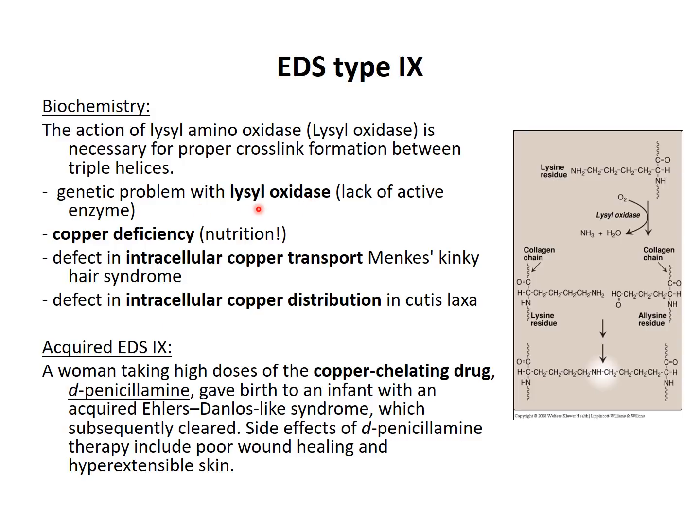So the subtypes are the actual genetic problem with the enzyme, or copper deficiency by nutrition, or copper deficiency because there is no good way of transporting copper, either extracellularly or intracellularly, or it is transported intracellularly, but it is not distributed well within the cell or among the cells.